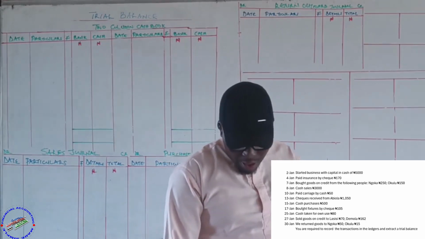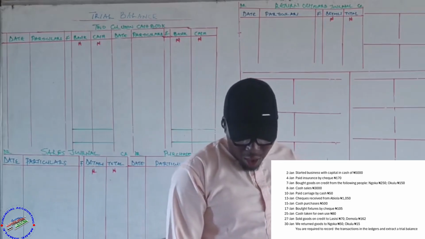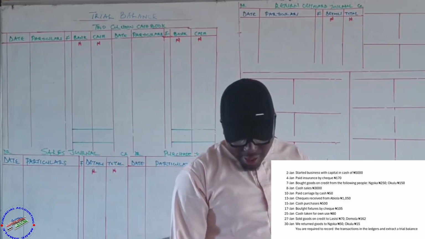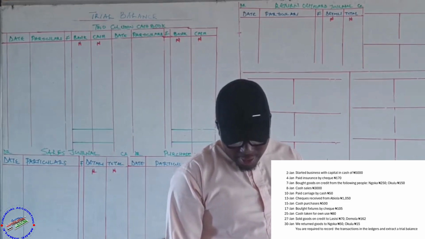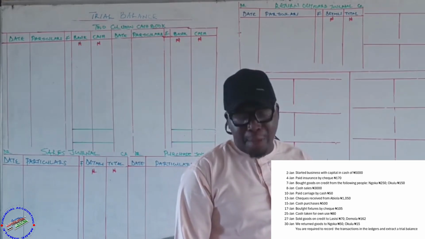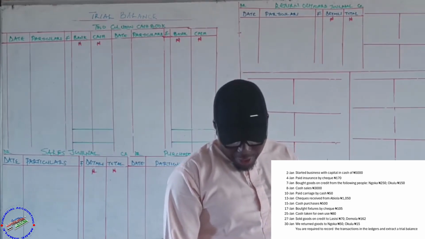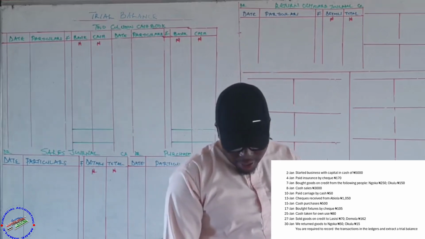January 7, bought goods on credit from the following people: Ngoka 250, Okulu 150. 8, cash sales 3,000 naira. 10, paid carriage by cash 50 naira. 13, check received from Abiola 1,050 naira. 15, cash purchases 500 naira.